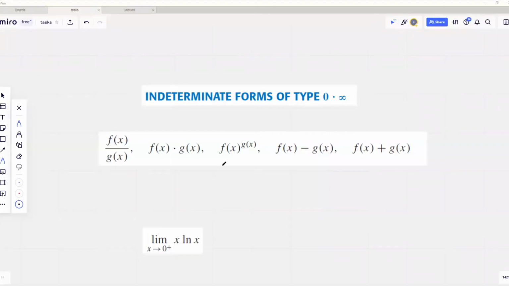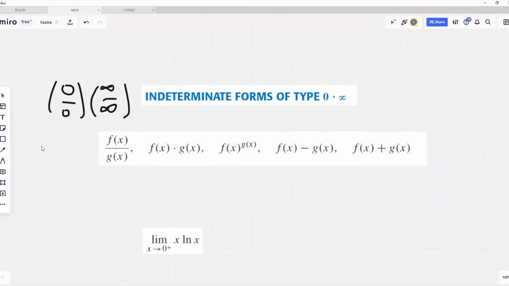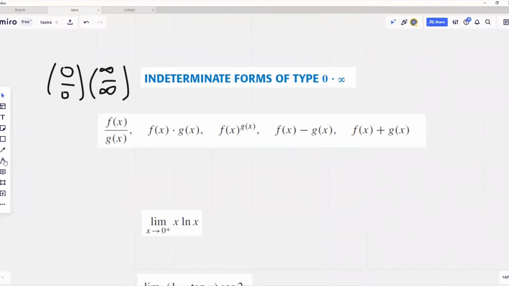So the indeterminate forms of type 0 over 0 and infinity over infinity that we have studied so far are not the only types of indeterminate forms. When we are working with limits, we often end up with a conflict of the following functions: f of x and g of x. So for instance, the ratio of those two or the product of those two. Here, the ratio of those two functions gives rise to an indeterminate form of type 0 over 0 or infinity over infinity.